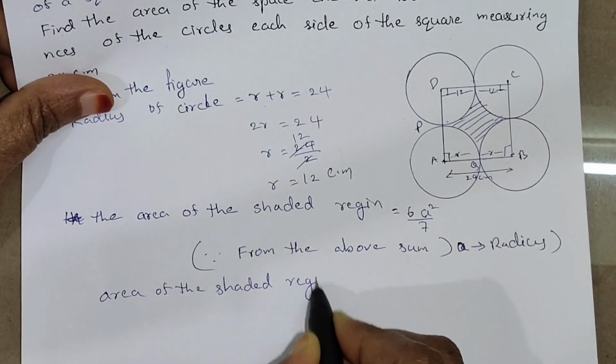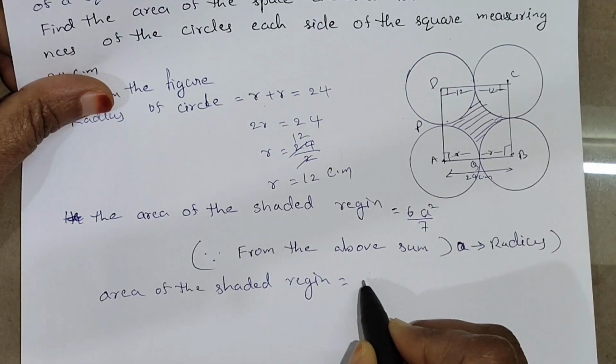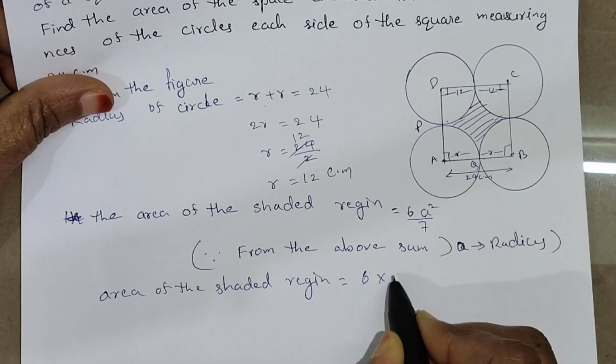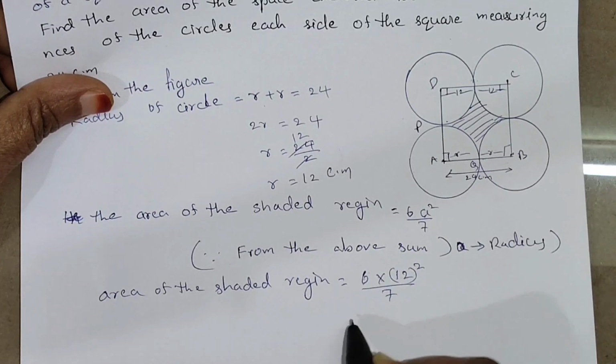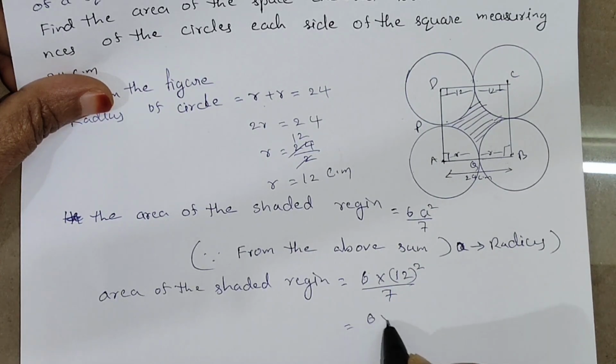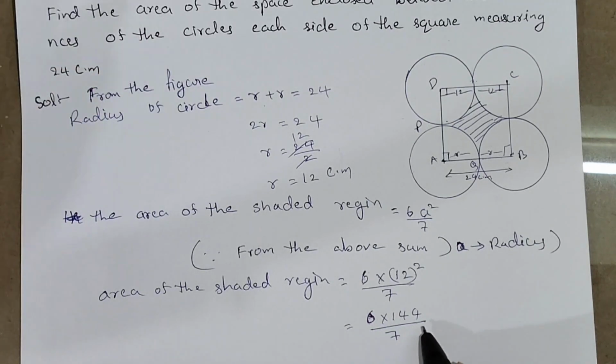So the area of the shaded region, 6a square by 7, equals 6 into, we substitute a equals 12, 12 square by 7. 12 square means 144. So 6 into 144 by 7.